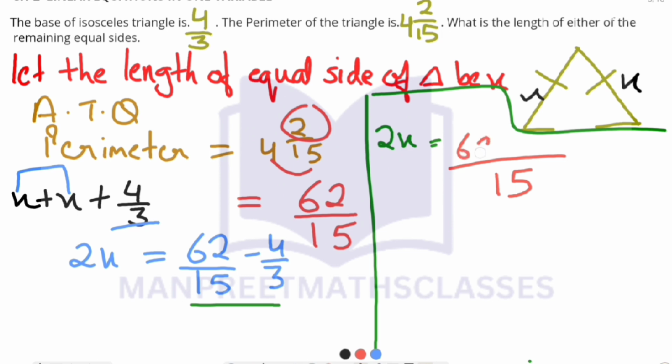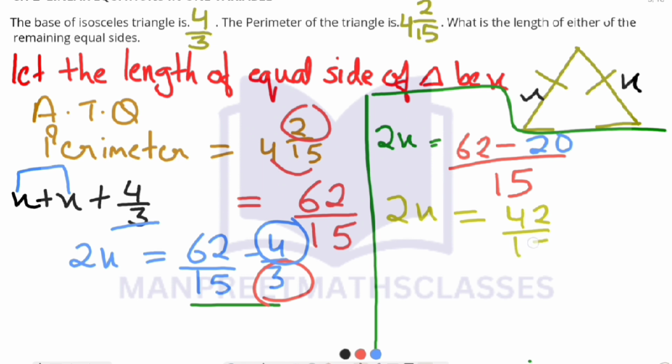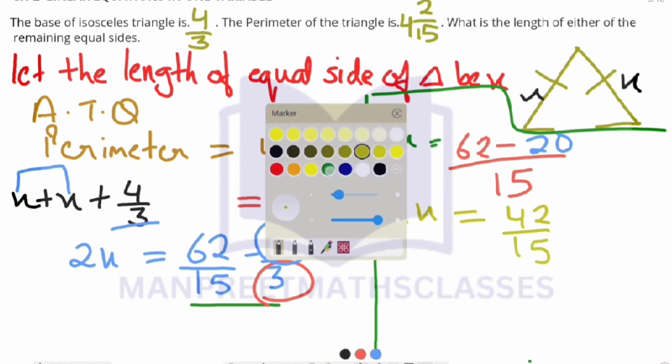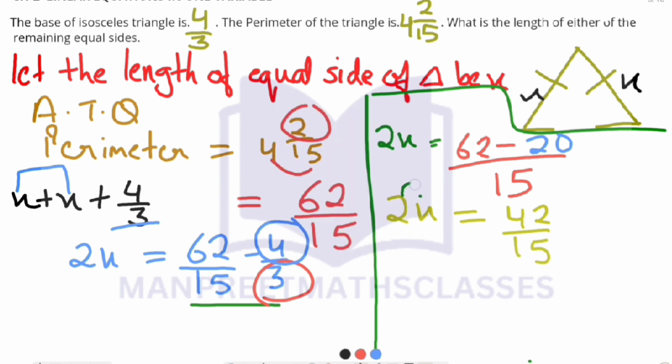So 62 minus, 3 से 15 5 times जाता है. तो 5 को 4 से मल्टीप्लाई करेंगे 20. अब 62 minus 20 क्या मिलेगा? 42 upon 15. अब नेक्स्ट स्टेप में हम इस 2 को ट्रांसफर करेंगे और ये 2 मल्टीप्लीकेशन में है. So this will go in division. सो x इज इक्वल्स टू 42 अपॉन 15 मल्टीप्लाइड बाय 1 अपॉन 2.